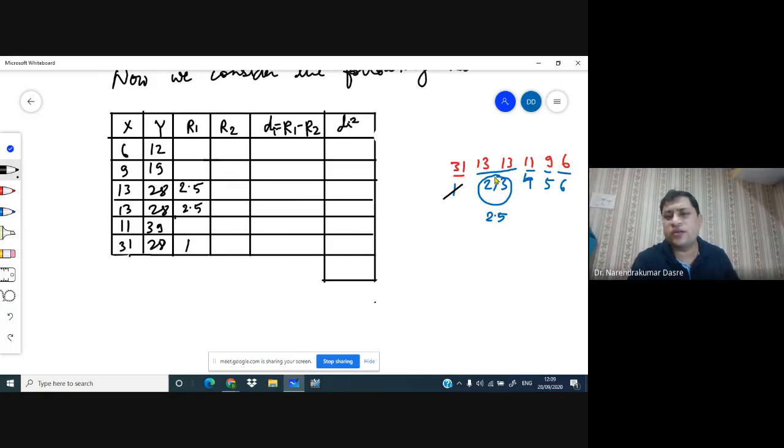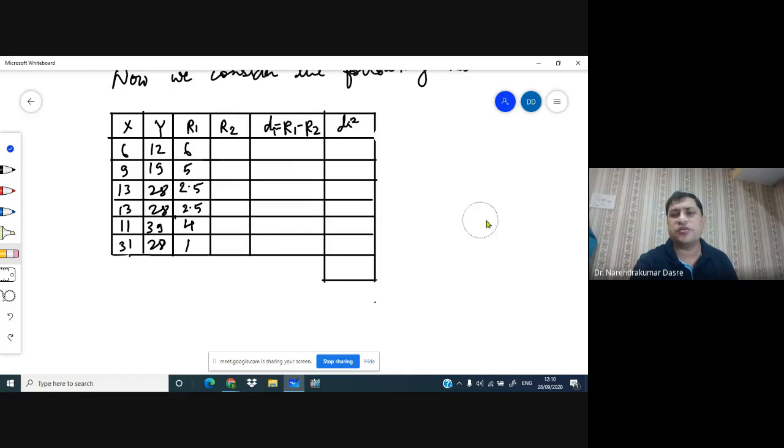We have utilized 2 and 3, so the next observation will get rank 4, then 5, and 6. This way we award the ranks to the observations in data X.